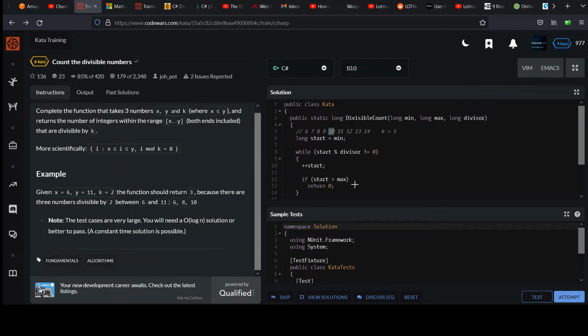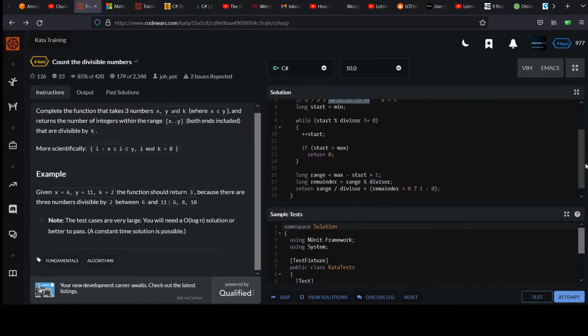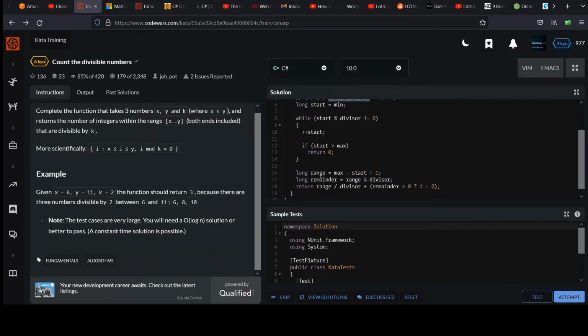Now we determine our range by subtracting 14 minus 10, which is 4, and we add 1. You can see I have highlighted 5 elements. And so the range is 5, and our remainder would be the range modulo the divisor, which is 5. 5 modulo 5, if you take 5 divided by 5, it equals 1, and there's no remainder, so we have remainder 0.